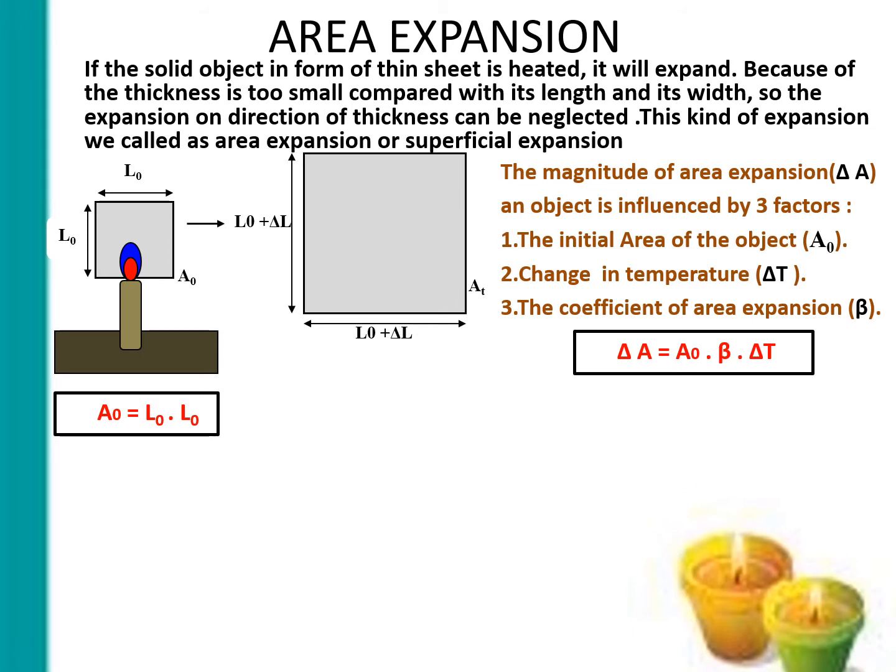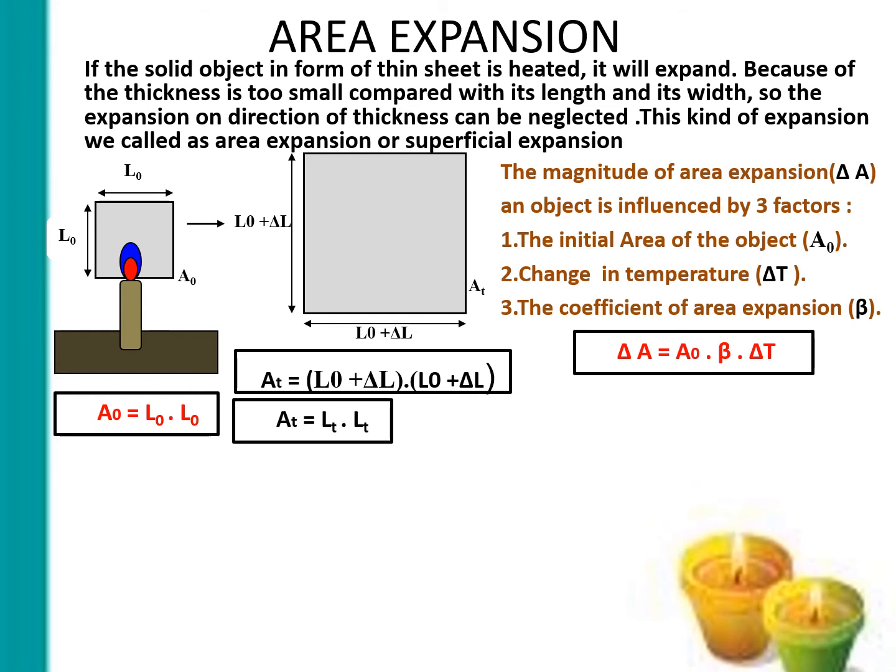From the second figure, we can see that AT equals final length times final length, or we can write L0 plus delta L times L0 plus delta L. That L0 plus delta L is LT. So AT equals LT times LT.